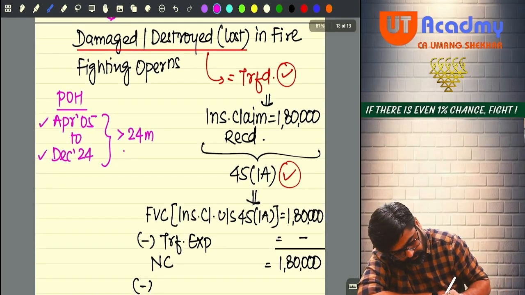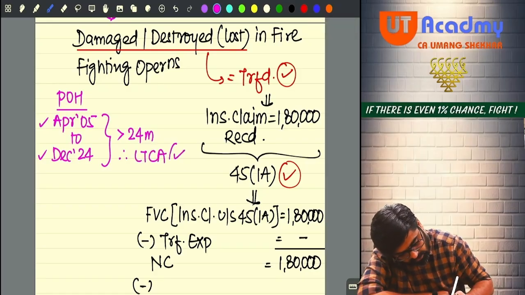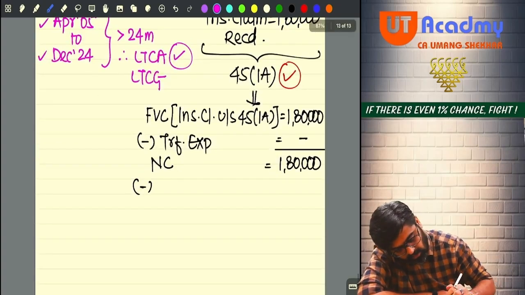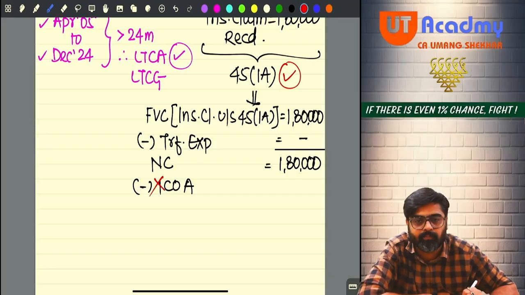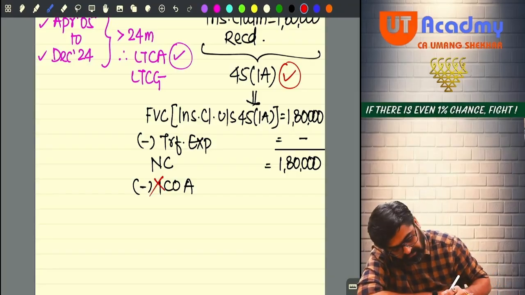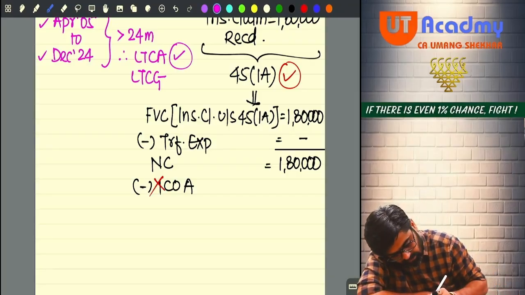Therefore, long-term capital asset. And if it is a long-term capital asset, long-term capital gain will be calculated. To calculate the long-term capital gain, indexed cost of acquisition is usually reduced, but no indexation benefit will be available. Why no indexation?